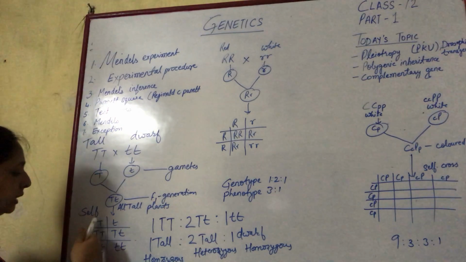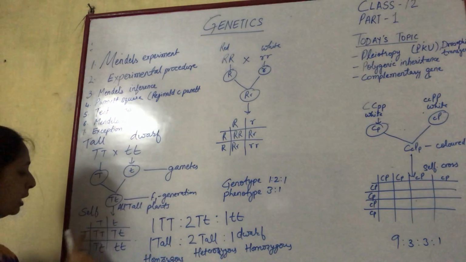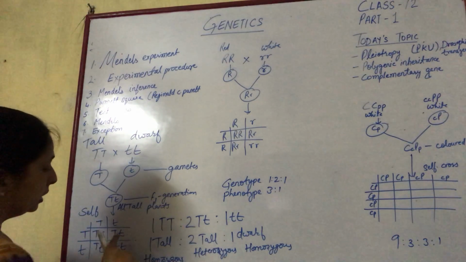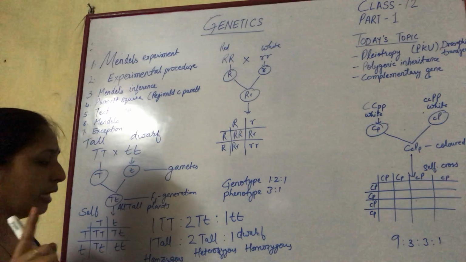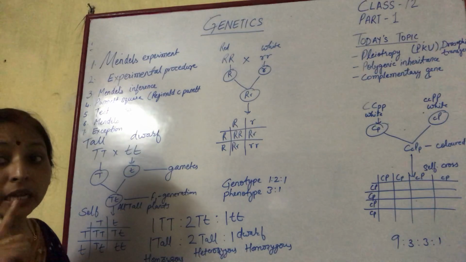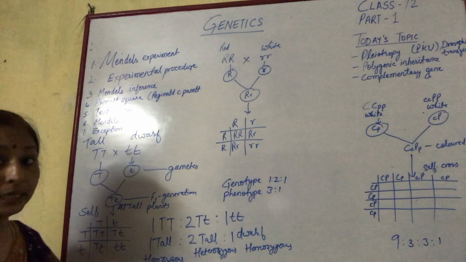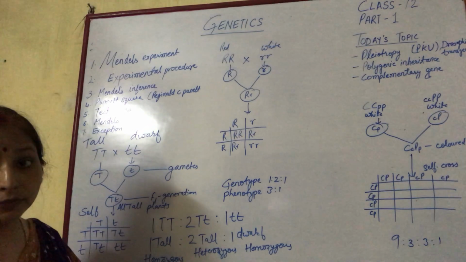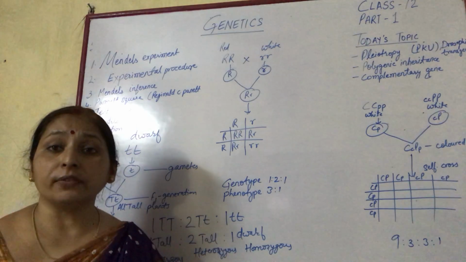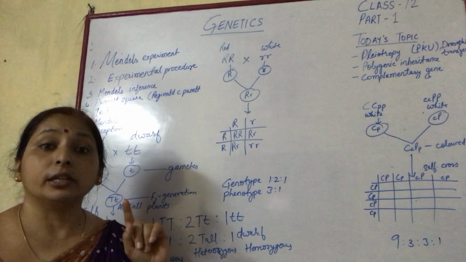We can see capital T represents the dominant character, small t the dwarf. Both capital T give the expression for tall, and the heterozygous condition, capital T and small t, also gives tallness. Here we might say they are blended because the genes mix to give tallness, but the presence of one recessive character shows that the genes are not blended.